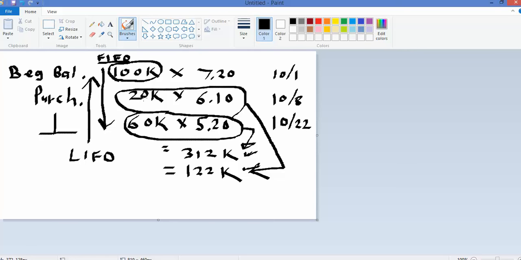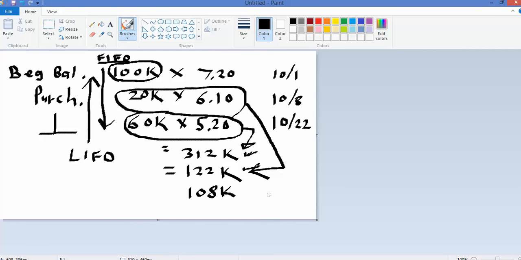So what we do using LIFO is we drill into this older layer and consume that. So 80,000, and we need 95,000, which is 15,000 more. 60 plus 20 plus 15,000 gives us what we need, the 95,000. 15,000 times 7.20 is 108,000. Okay, and that's 60 plus 20 is 80.